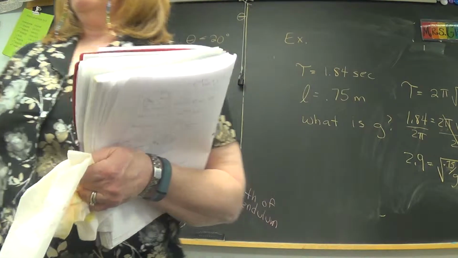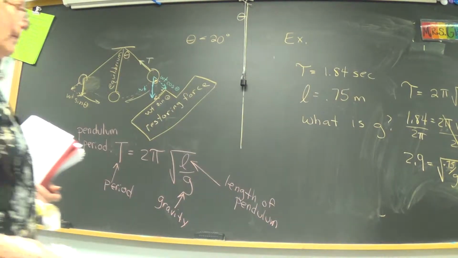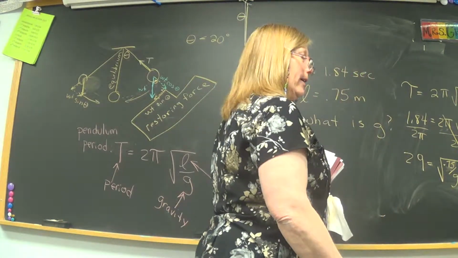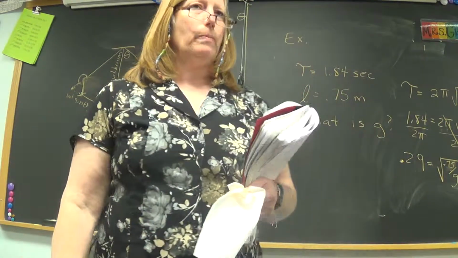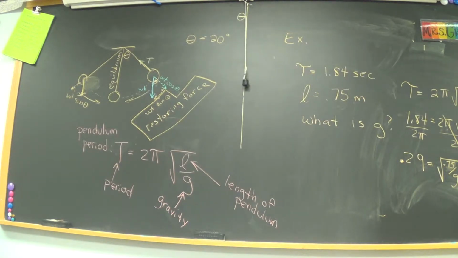I got 0.29. I mean, I could be wrong. Yeah, that's what I got too. 0.29. Okay, check it, Annabella. I was wrong. 1.84, can you see everything? 1.84 divided by 2 pi. I guess I just had to put it in parentheses. Oh yeah, always try parentheses.